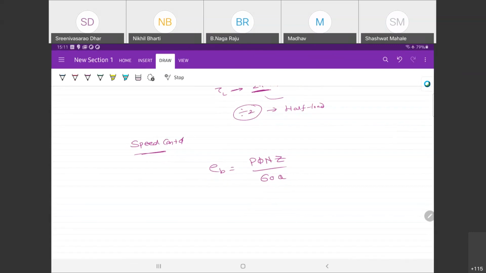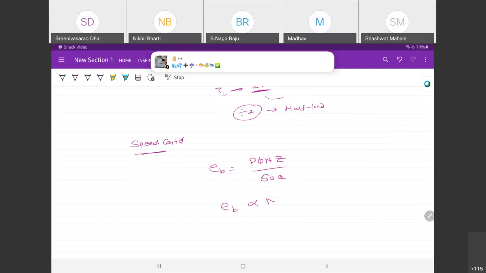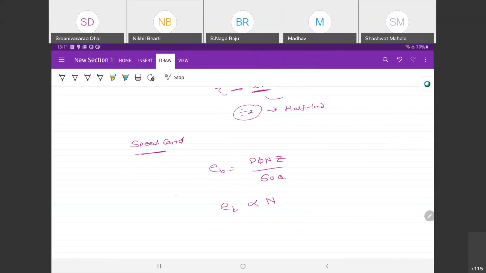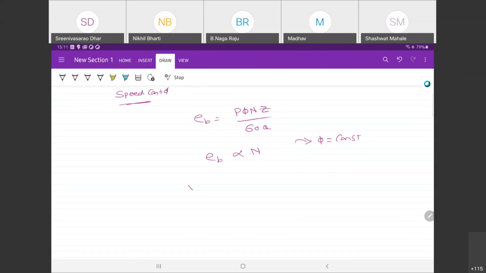All these are constants, so EB is proportional to N if you keep flux phi constant. EB is Vs minus IARA, that is proportional to N. So if you change this drop in the voltage, that means this EB, then the speed can be controlled.